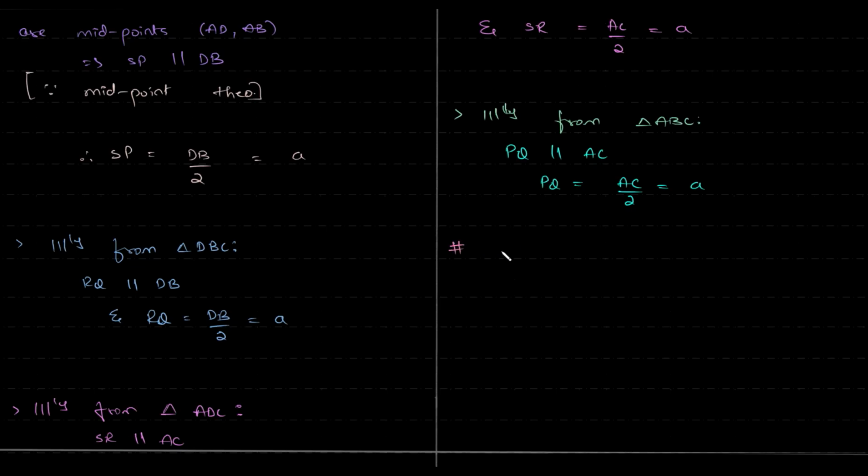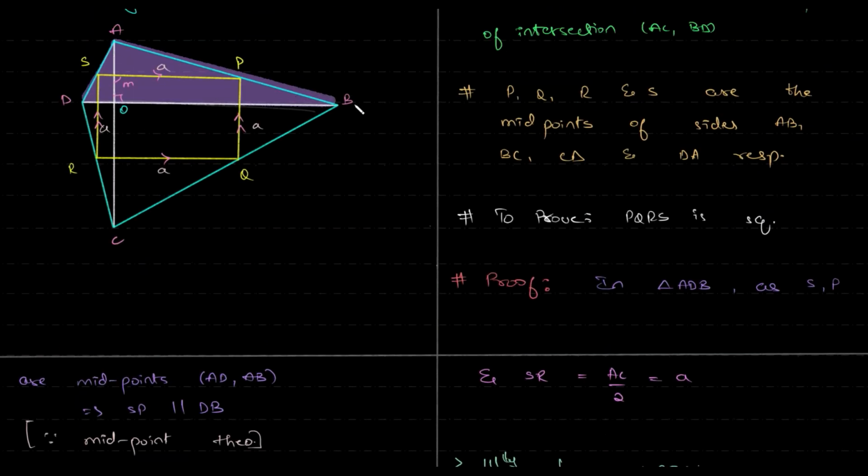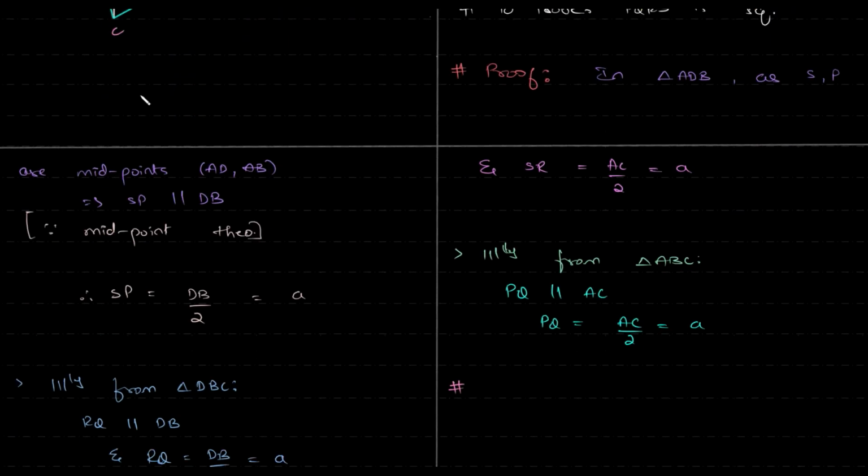So for that, I'm considering angle AOB plus M is equal to 180 degrees because they are co-interior angles. So M is equal to 90 degrees, and then M and angle S are what? Corresponding angles, and we are done. Okay, yes. Right?